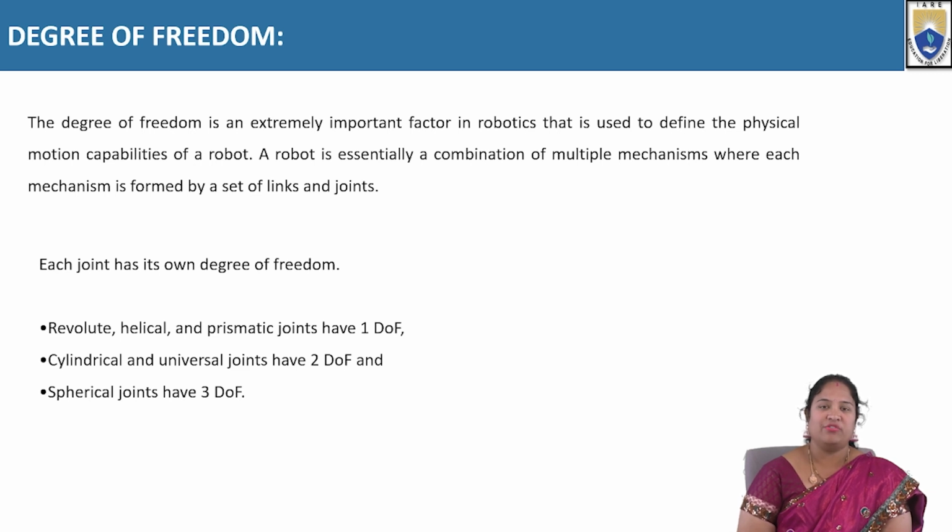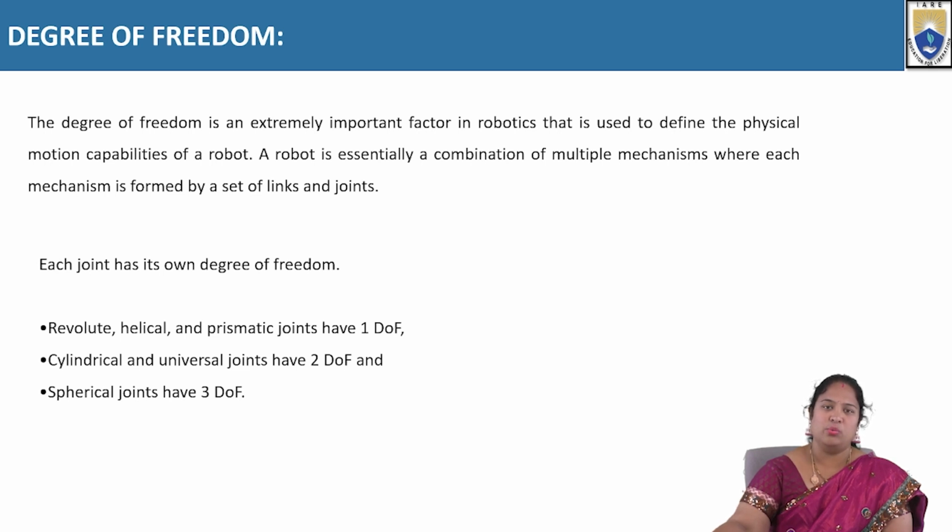Without degrees of freedom, we cannot have motion in any particular wrist, hand, arm, or joint, in any links. It plays an important role in our day-to-day life.